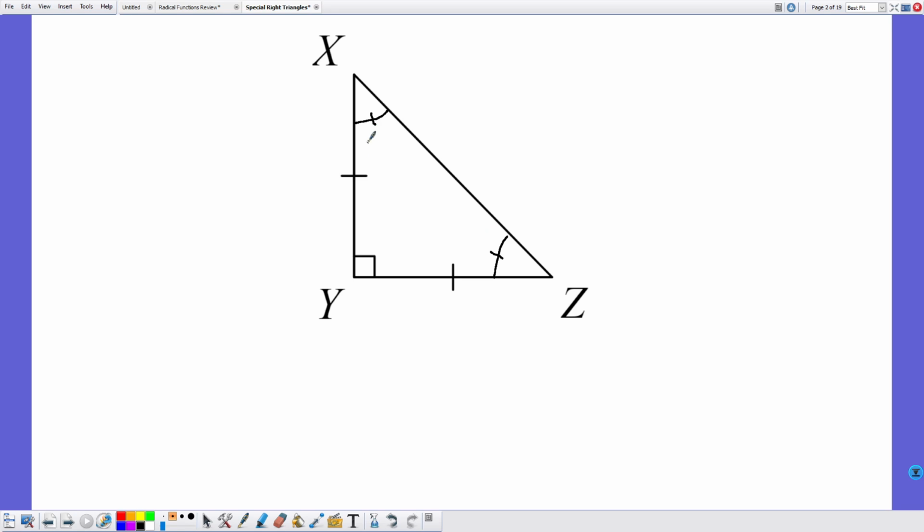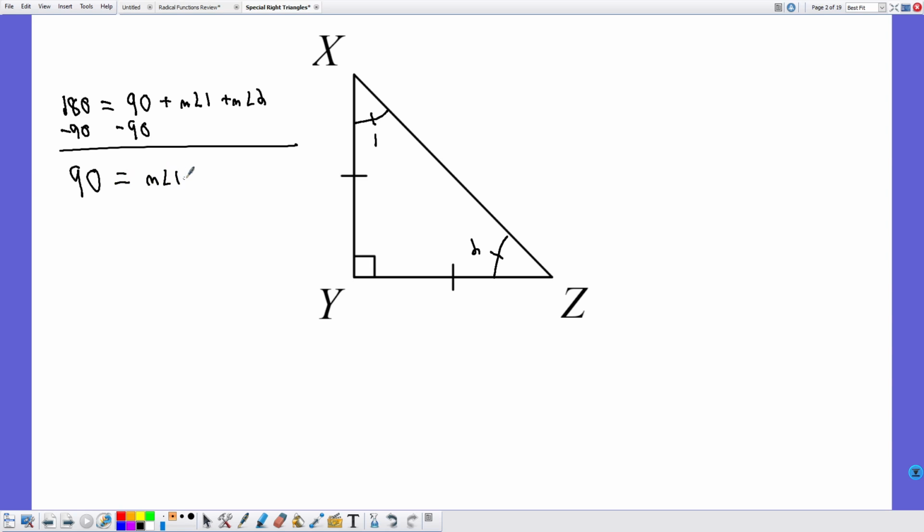So if I call this angle 1 and this angle 2, then 180 is equal to 90 degrees, because it's a right triangle, plus the measure of angle 1 plus the measure of angle 2. Subtracting 90 degrees on both sides, 180 minus 90 is 90, and that's equal to the measure of angle 1 plus the measure of angle 2.